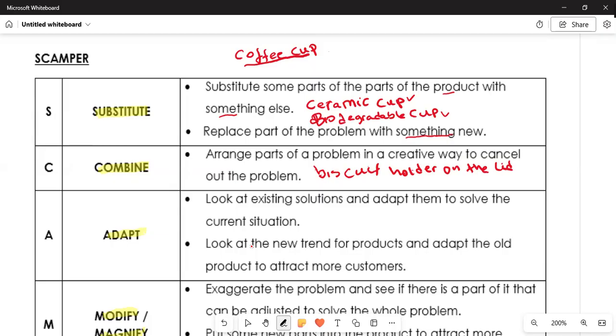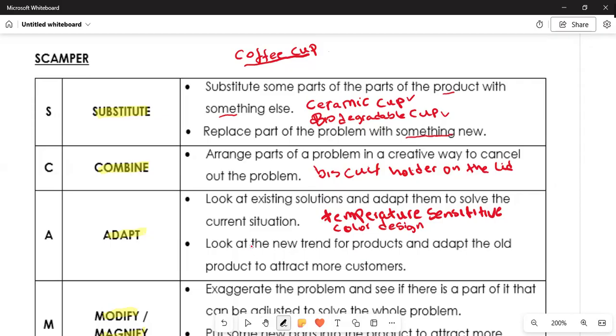So here you're going to adapt this coffee cup with a temperature sensitive color design that changes when the drink is hot or cold, based on the current trends.